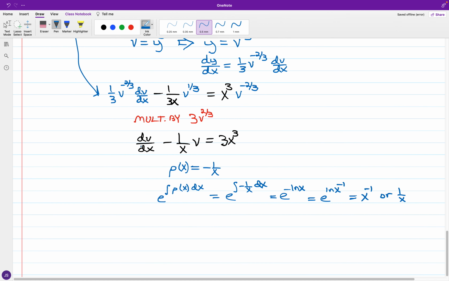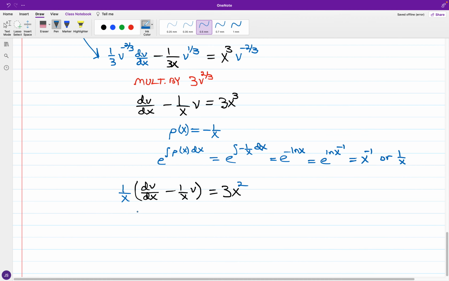And so for the substitution variable v, I multiply this equation by the integrating factor, 1 over x. Again, you can distribute, but I'm going to compact what I have on the left-hand side. And 3x cubed times 1 over x is going to become 3x squared.